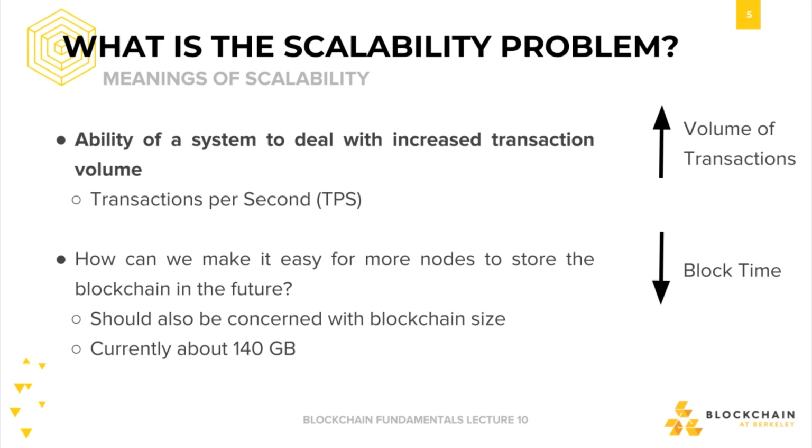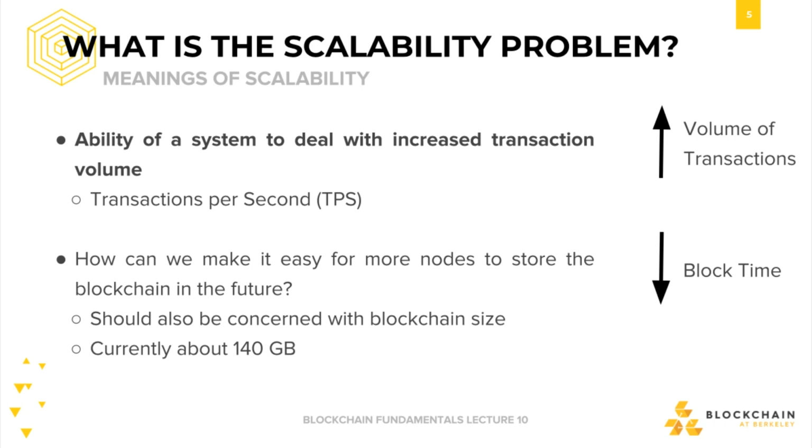But while that is the main definition of scalability, we also need to concern ourselves with the size of the blockchain, because blockchain is a decentralized system, and if we want to keep it decentralized, we need to ensure that the size of the blockchain is such that many people can easily download it and easily be miners.